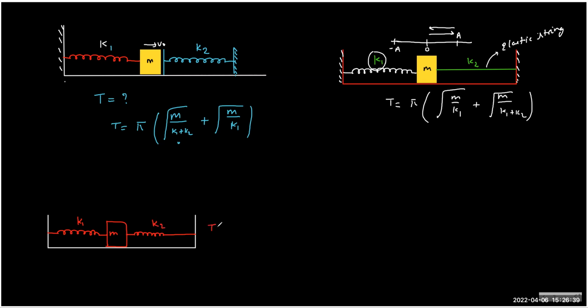Now, what will be the time period of oscillation? Whether you go right or left, both springs are involved, and they are in parallel. So the answer is 2 pi root m by K1 plus K2. What you need to understand is that a slight modification may confuse you, so you have to be very careful about what is happening. Okay, so look at the fourth example.